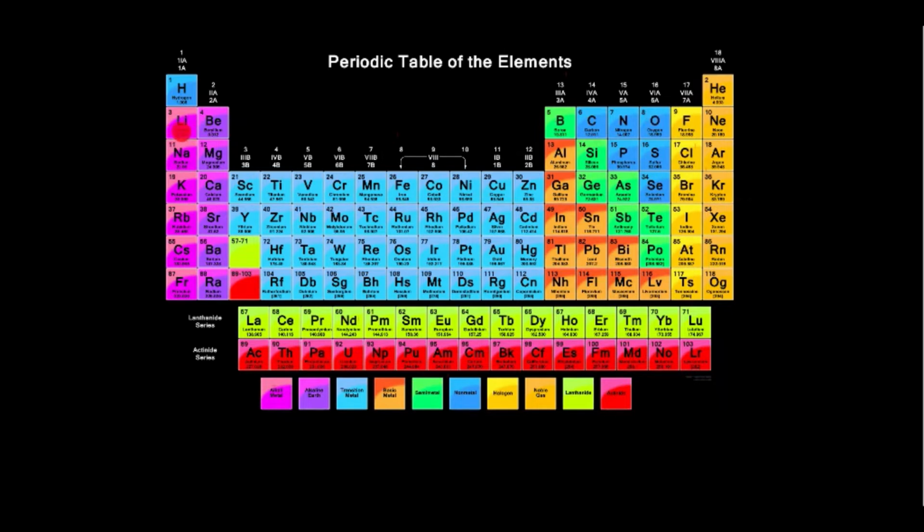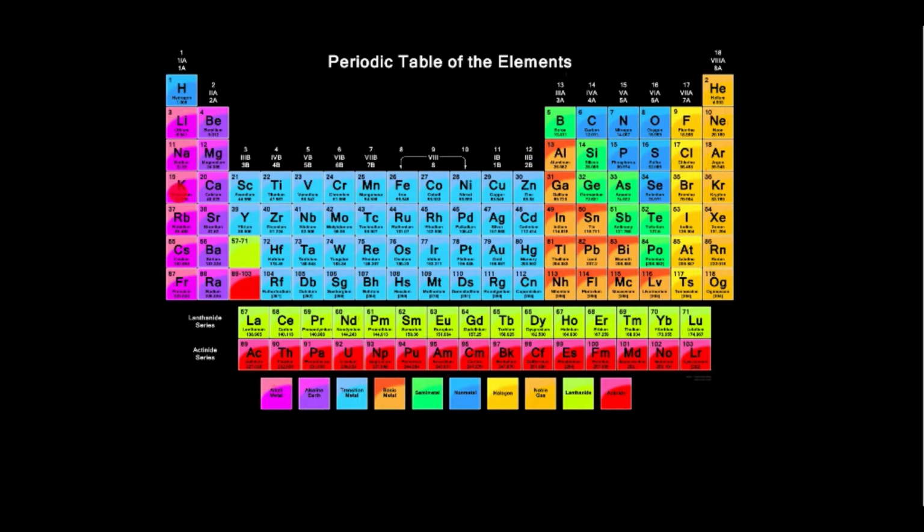Coming to the second period, we count the total elements which are present in the second period: 1, 2, 3, 4, 5, 6, 7, 8. It means in the second period, total elements are 8. So that's why this is also a short period. Likewise, the third period also contains 8 elements.